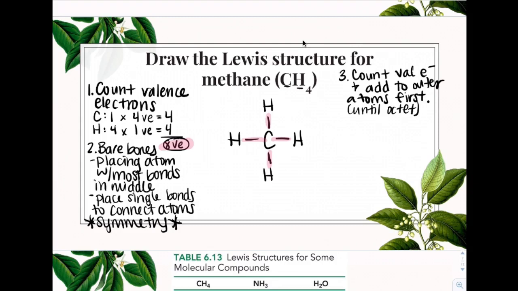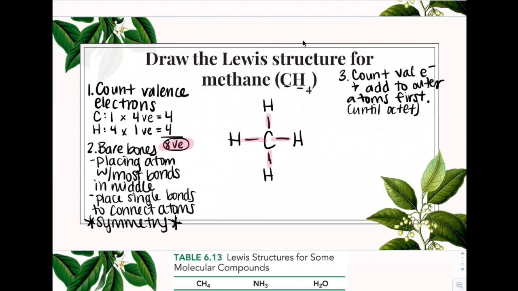Well, hydrogen currently has 2, so it has its octet. So all these hydrogens have 2, and the carbon in the middle has 2, 4, 6, 8, so it's also good to go. Now, to simplify, count valence electrons and add to our outer atoms first. We always add to the outer atoms first because they're typically the ones that will have some lone pairs and be alright with the lone pairs.